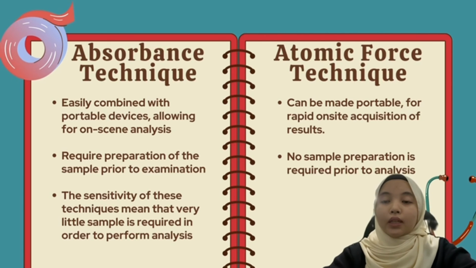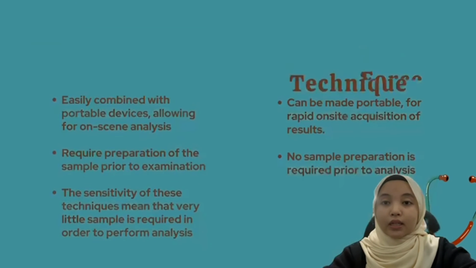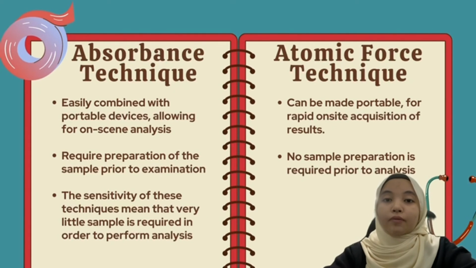The sensitivity of these techniques means that very little sample is required in order to perform analysis. On the other hand, atomic force spectroscopy is another method that can be made portable for rapid on-site acquisition of results. This technique is also advantageous in that no sample preparation is required prior to analysis, thus decreasing the evidence examination time even further.